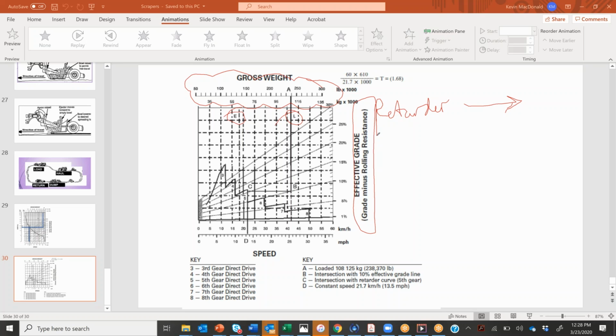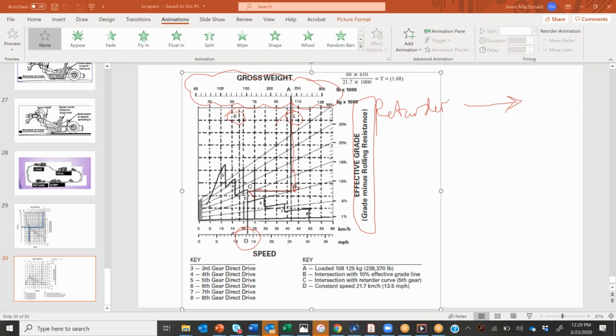Let's suppose we want to look at an example that's loaded. This particular vehicle has a loaded weight of 238,370 pounds. We bring this down until we hit the 10% effective grade. From here, we can read over and say our vehicle is going to be in 5th gear and it's going to move 13.5 miles per hour on the way back with very little load on the engine.